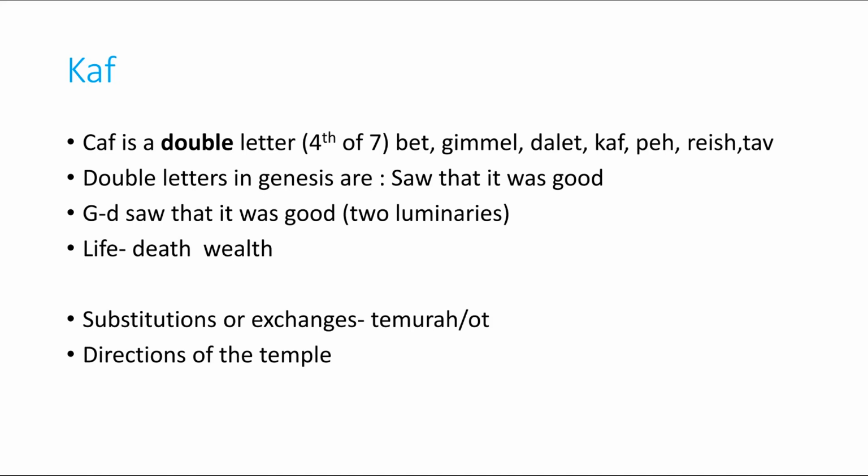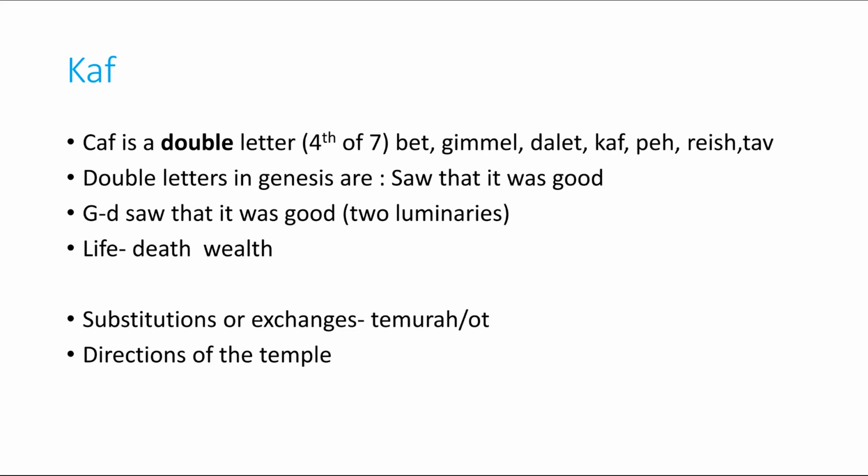Double letters in Genesis are lined up with God saying he saw it was good. He says that 7 times. So God says, let us do this and let us do that. Those are 2 things. And then God saw it was good. And the double letters signify saw it was good.